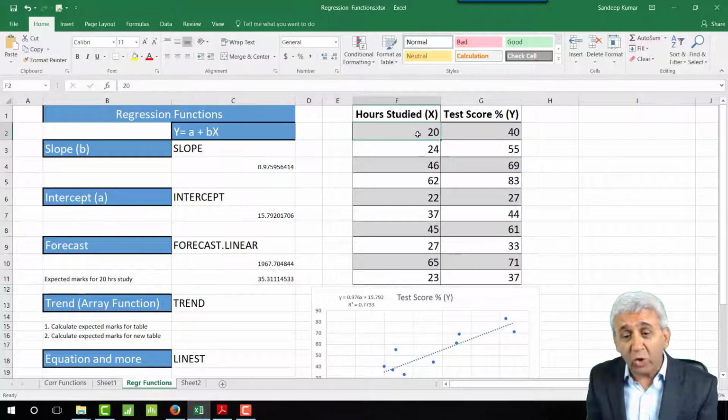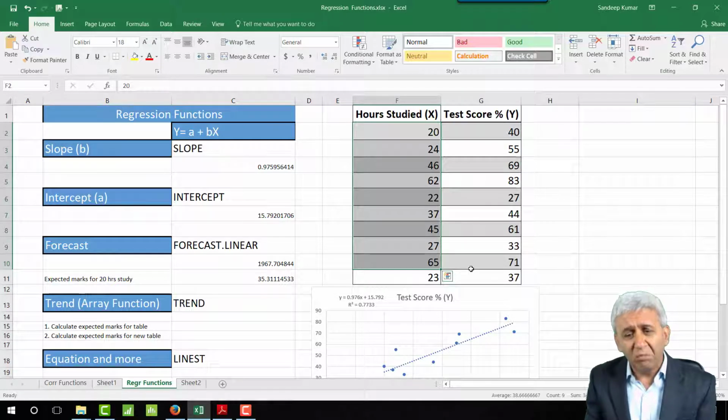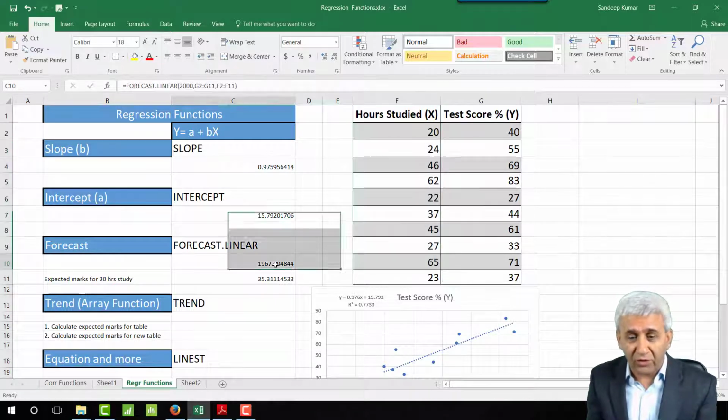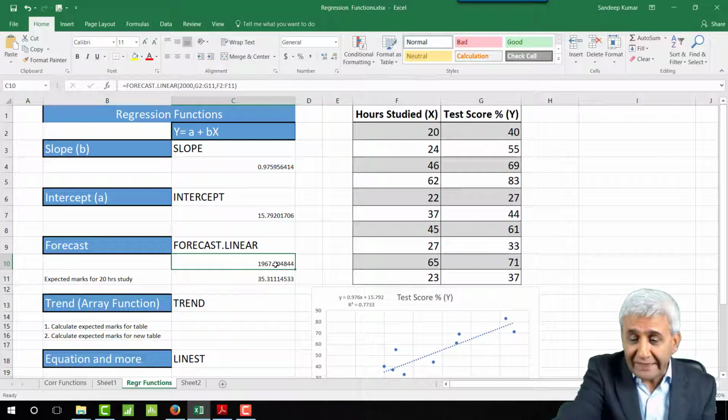The data here starts from a minimum of 20 hours and goes to a maximum of 65 hours. So when you are forecasting, make sure that you are forecasting only in the range in which you have your data. It is absolutely nonsense to have 1967%, so let's delete that.